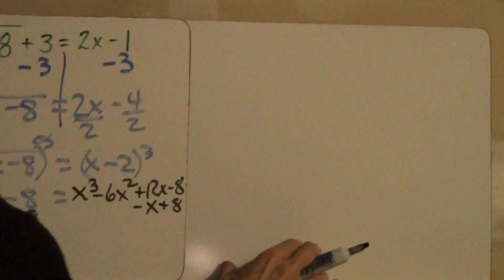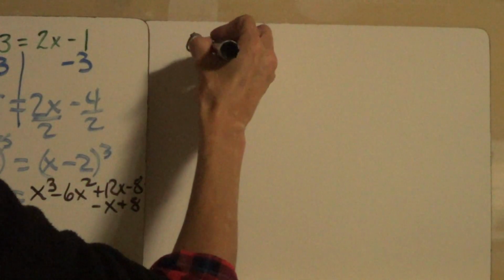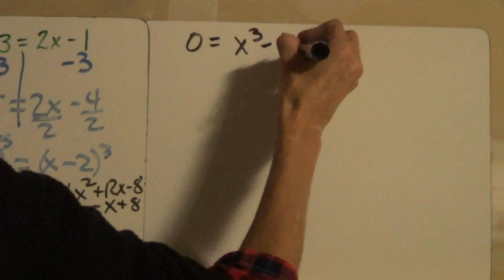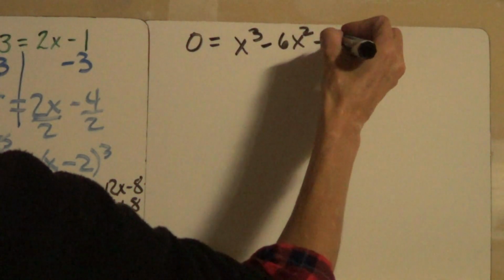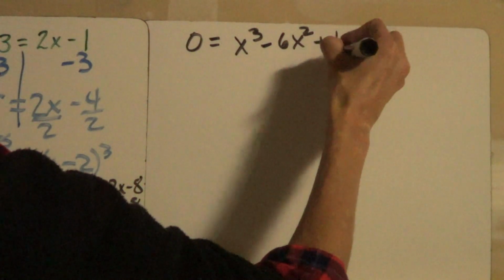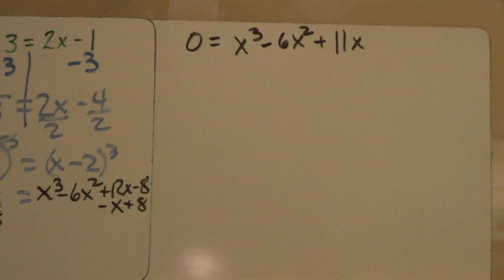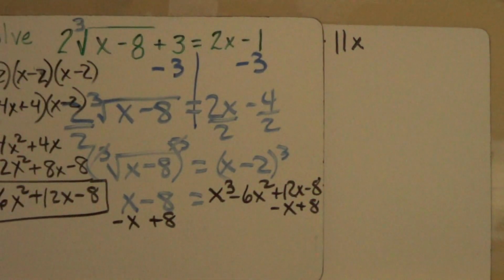I do! Let me transfer this. So now we've got 0 equals x cubed minus 6x squared plus 11x. And the 8's cancel.